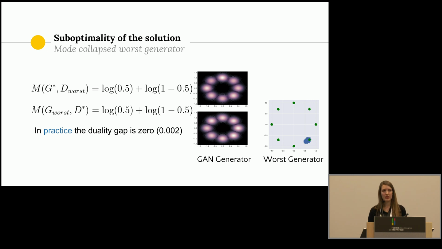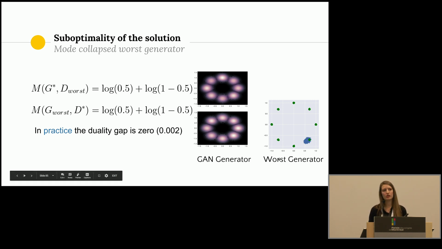We did the same thing in practice. Here we have a GAN that we trained, and these are heat maps from generated samples from the GAN, and below from real samples. You can really see that it covers nicely all of the modes. When training the worst generator for the computation of the duality gap, we indeed find that there is collapse.